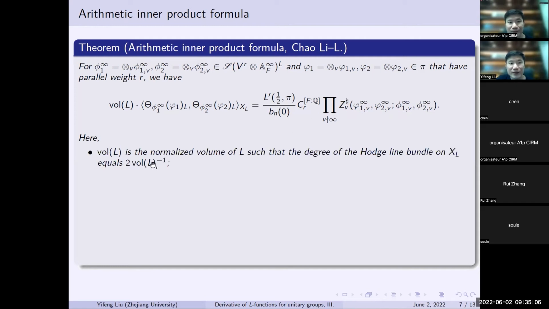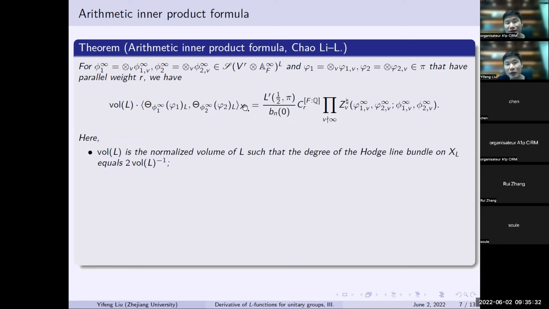First, this volume of L is the normalized volume of L in the way that the degree of the Hodge line bundle on X_L equals 2 times the inverse of the volume of L. It is easy to see that the left-hand side is independent of L. If you don't normalize it, it will depend on the L you choose.